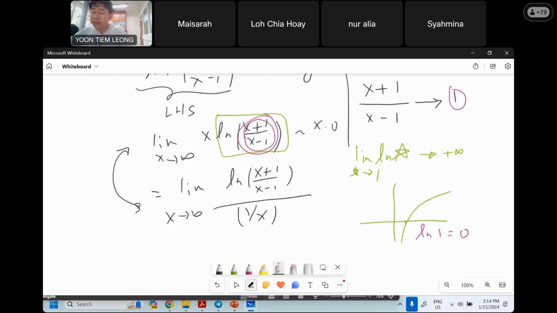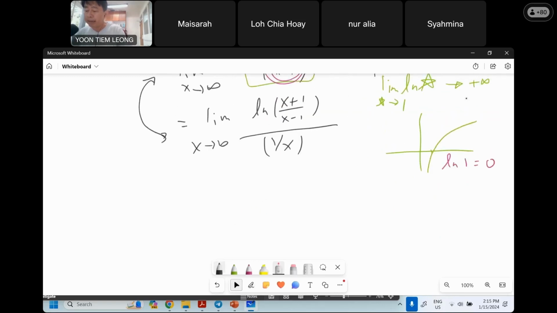Now with this, upstairs will behave like 0, and downstairs it will behave like what? When x goes to infinity, 1 over x will behave like 0, right? So by doing this simple act of replacing x with 1 over x in the denominator, this will behave like 0 over 0, which is an indeterminate form. So I have just proven that this expression is an indeterminate form when x is tending towards infinity.